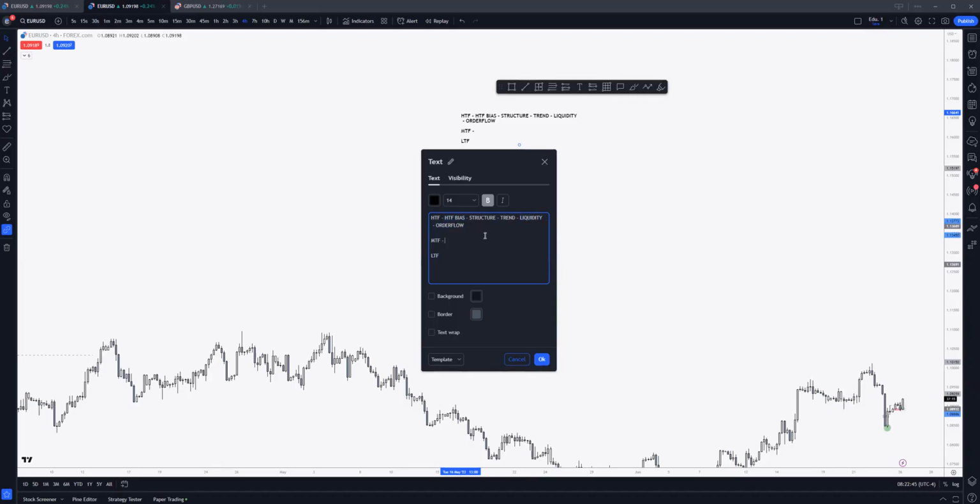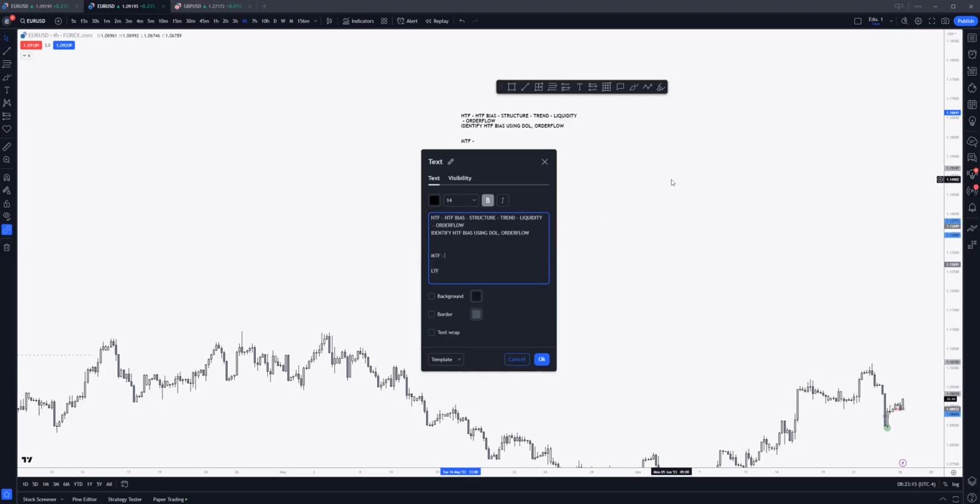So our job with the HTF is to identify HTF bias using draws on liquidity, structure, and order flow, really.